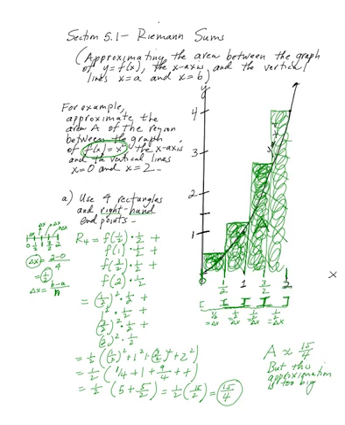On page 369 in section 5.1, you will see how if you use more rectangles, you're going to get better and better approximations.